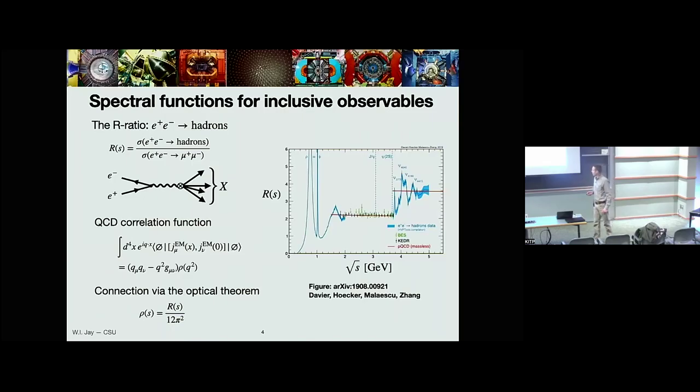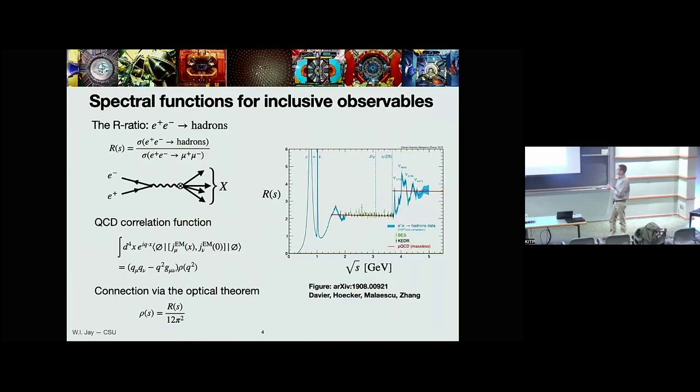If you invoke the optical theorem, though, and you think about this not as an experimental cartoon, but as a Feynman diagram, you can relate this process to a non-perturbatively defined correlation function in QCD. Because cross-sections go like the square of diagrams, it's basically an electromagnetic current-current correlation function.